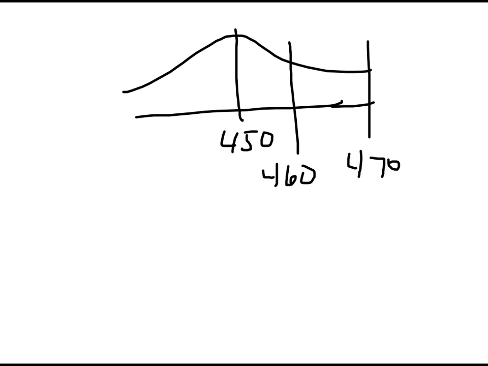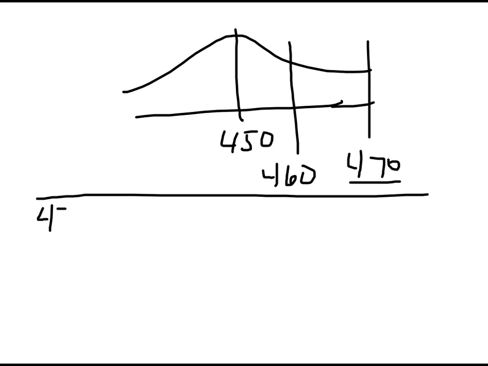So in this instance, the first thing we need to do is do two calculations. The first one, we're going to use 470. 470 minus 450 divided by 25 equals 0.8.